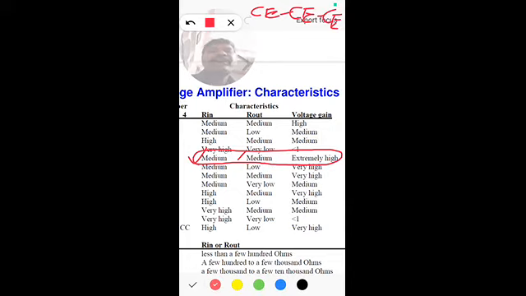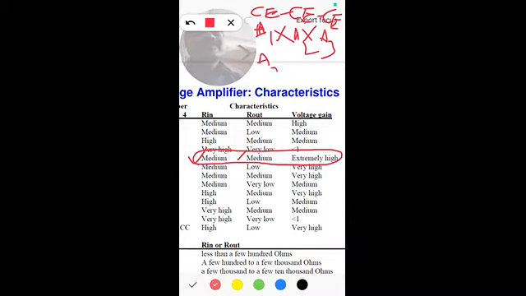But each stage has a voltage gain, a moderate voltage gain in each stage, A1, A2 and A3, and it gets multiplied across the stages. So the overall gain A3 total is very high.